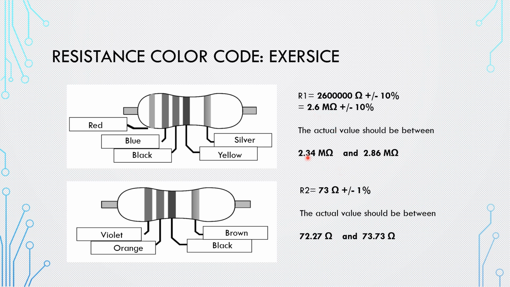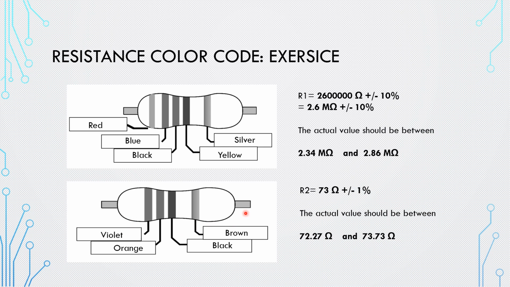You're going to find it between these two numbers, either 2.4 or 2.5, depending on the resistor. This is like an error made by the factory, so don't worry about it. But our purpose here is to know the value of the resistor from its color.